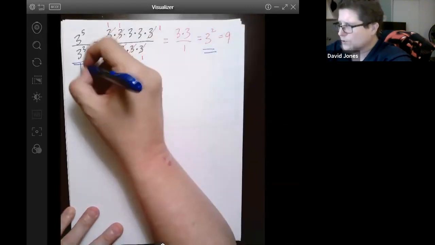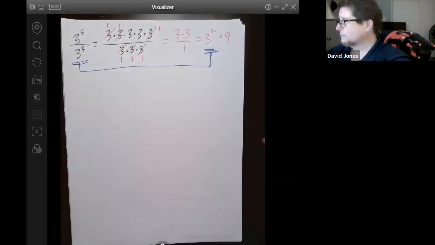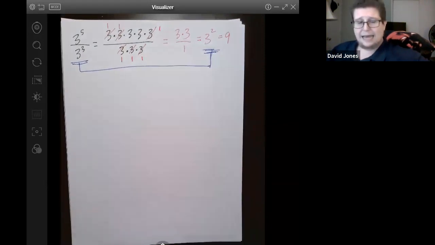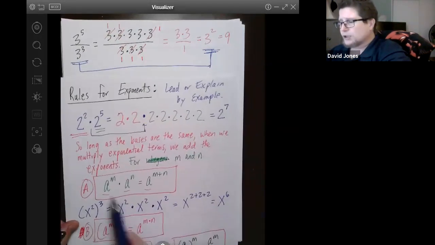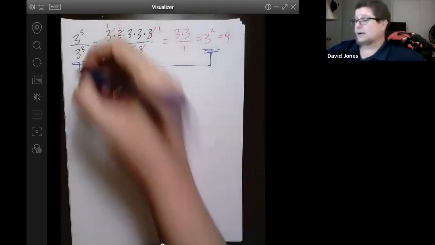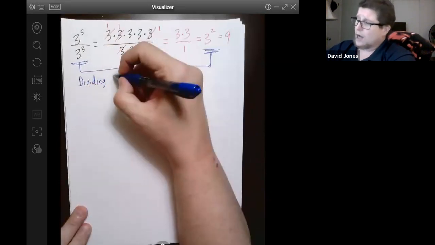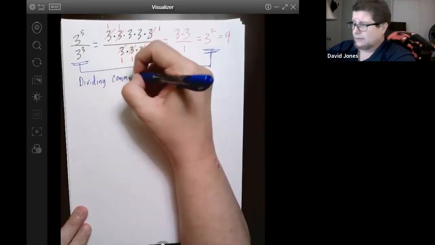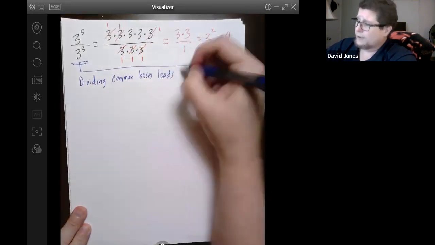And the part I want to emphasize is this. How do those connect? For similar reasons as multiplying led to adding exponents, dividing common bases leads to subtracting exponents.